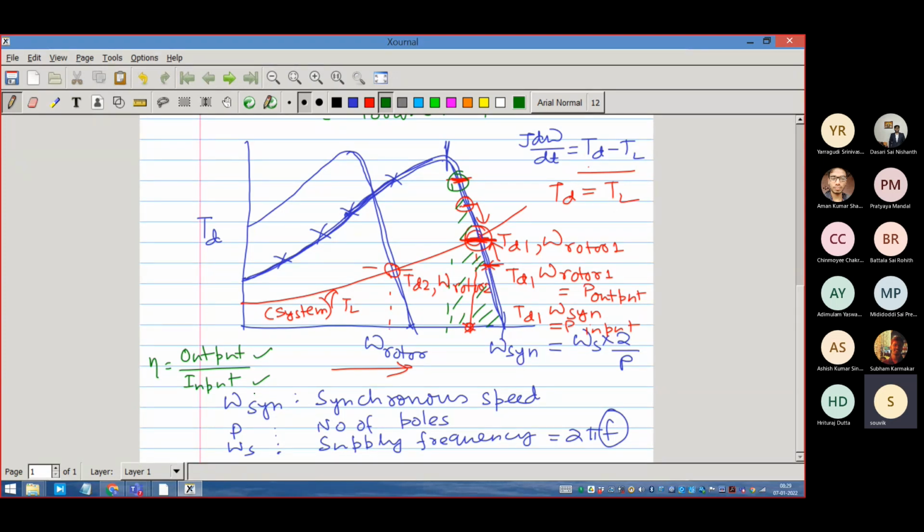Output power divided by the input power, when it is shifting its operating point to this place, because you can see that the loss is proportional to slip. Okay, the machine loss is equal to S into P, right? S into P.